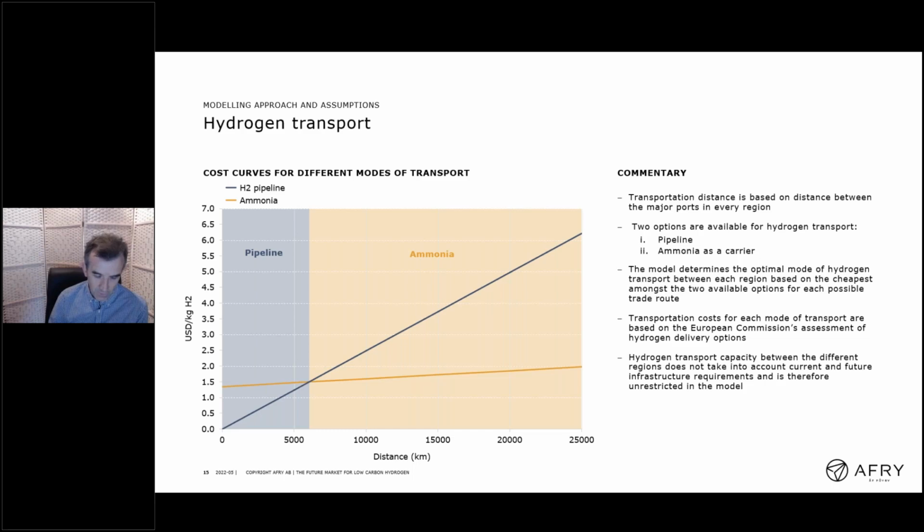And obviously, the further the distance between 2 regions, the greater, therefore, the cost of moving hydrogen between those regions.